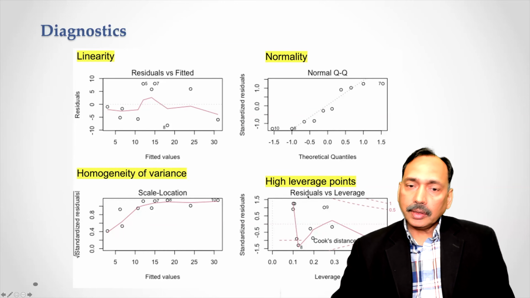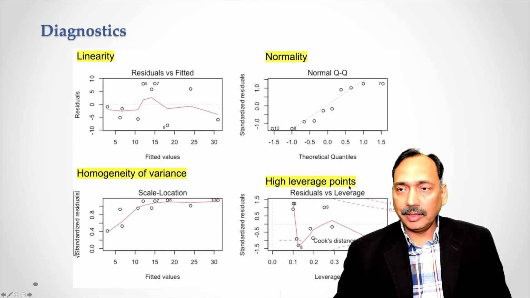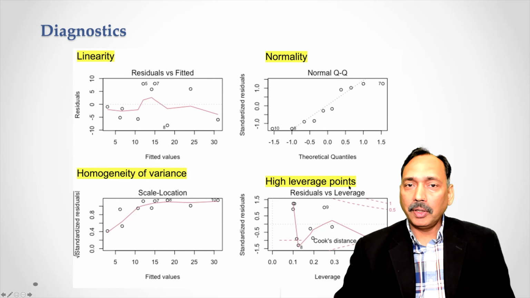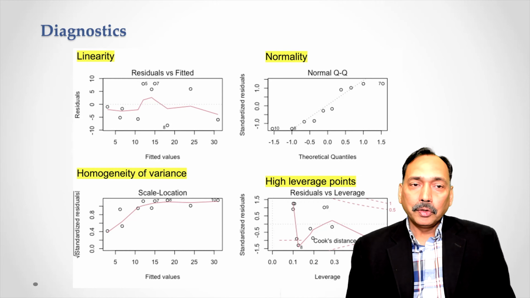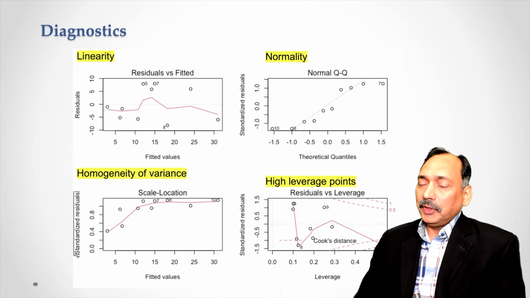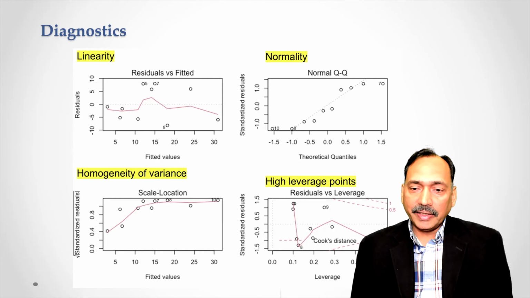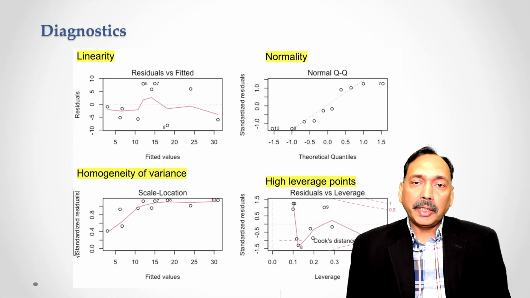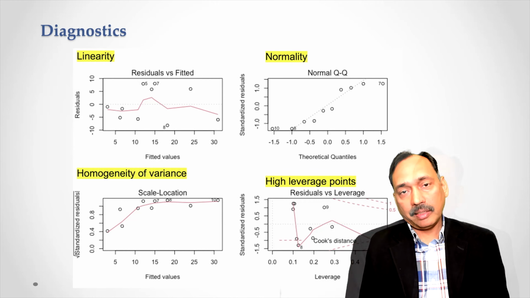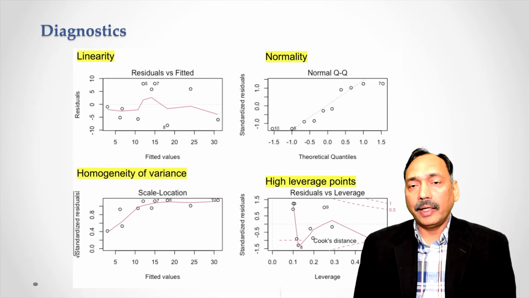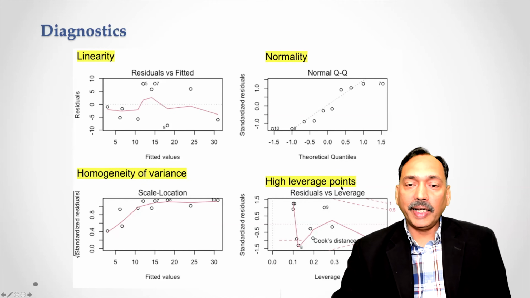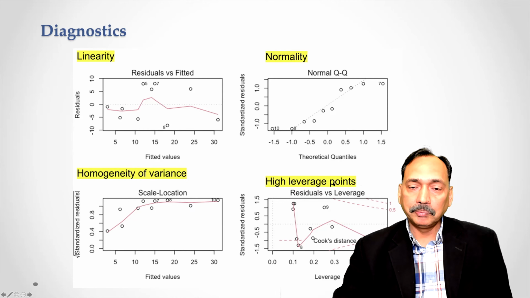The last one tries to highlight any high leverage point in your data set. So a point that has a big impact on the model. So this is a small data set, and there are only 10 data points. But when you have large data sets, there is more possibility of errors in the data, and it can help to identify if there is any data point which is having a big impact.